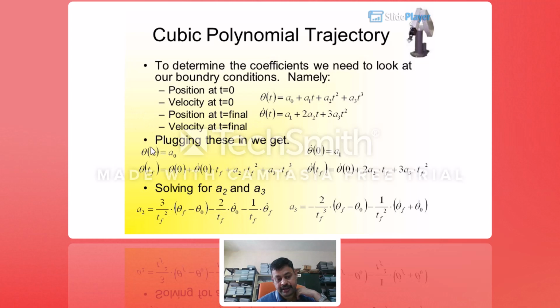Now plugging in these, we get theta naught equal to a0, theta final equal to theta of tf, theta dot of 0 is a1.